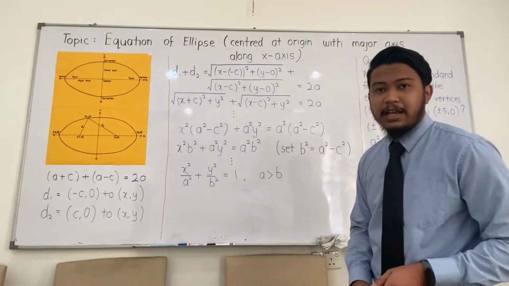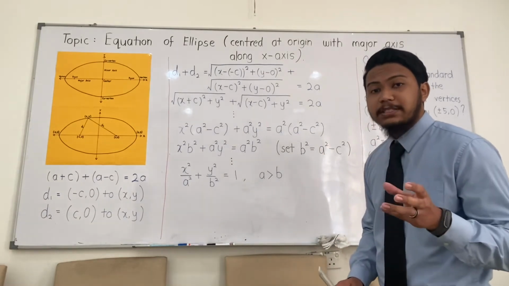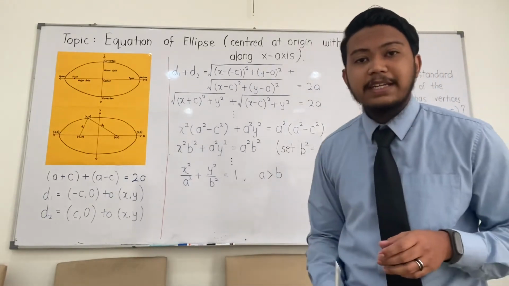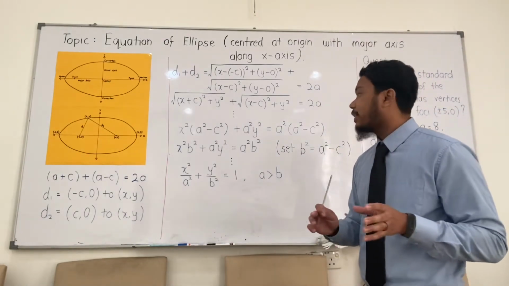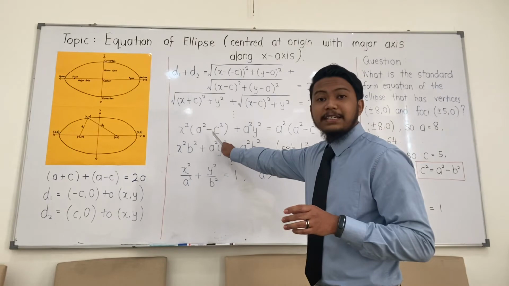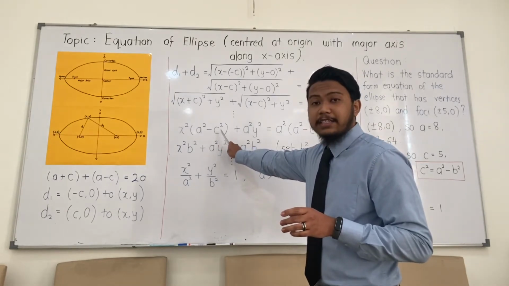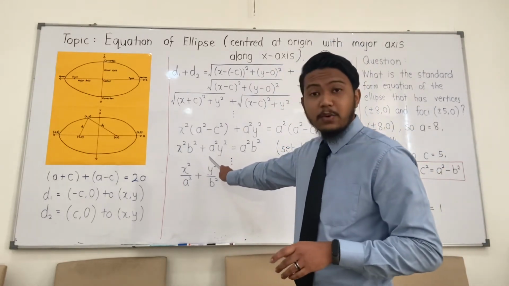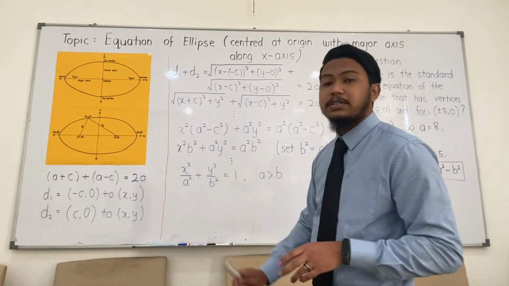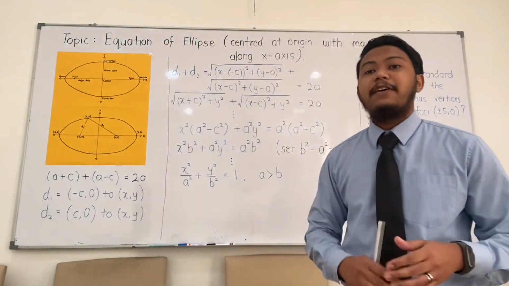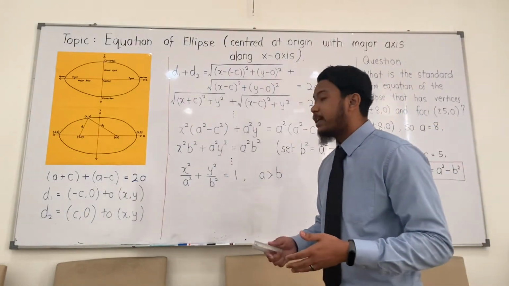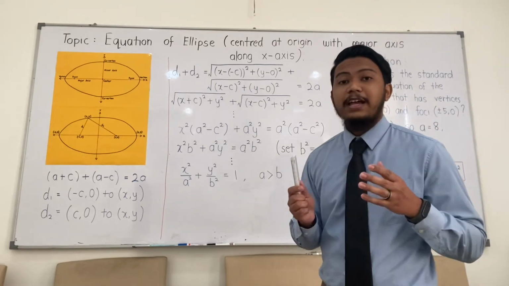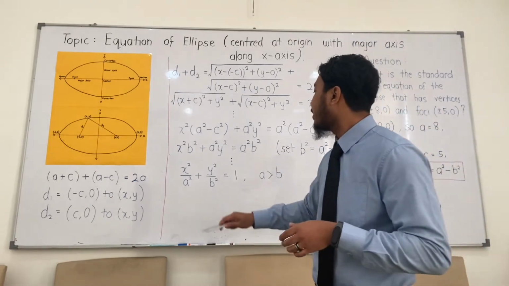Then we apply the equation for ellipse in terms of b squared equal to a squared minus c squared to substitute a squared minus c squared in this calculation. So we get x squared times b squared plus a squared times y squared equal to a squared times b squared.